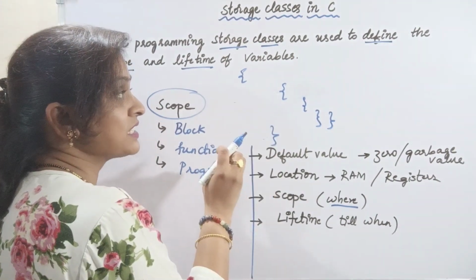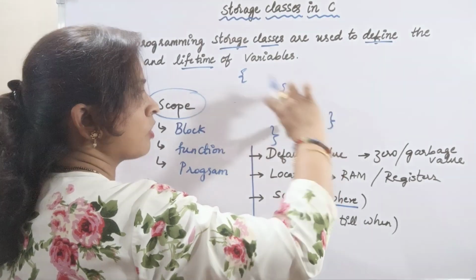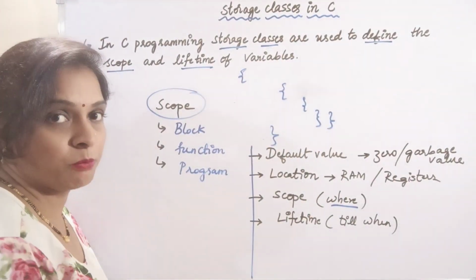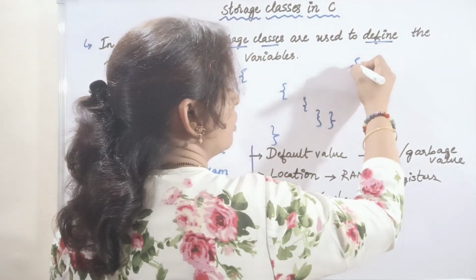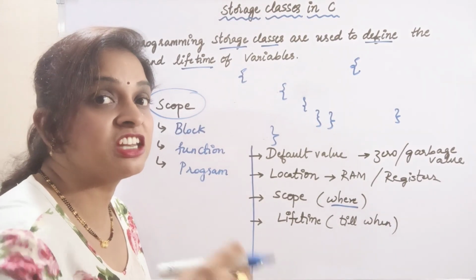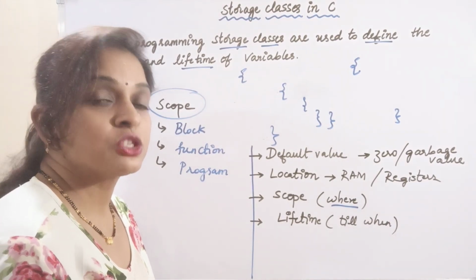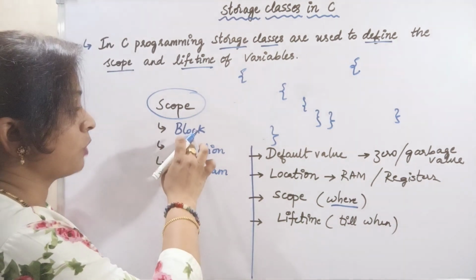So where can I access this? Is it accessible only within this block, or within this block or this complete block? Block represents a compound statement that is enclosed within open brace and close brace. We may have many inner blocks in a program. So where actually the data is accessed, that is what the block decides.